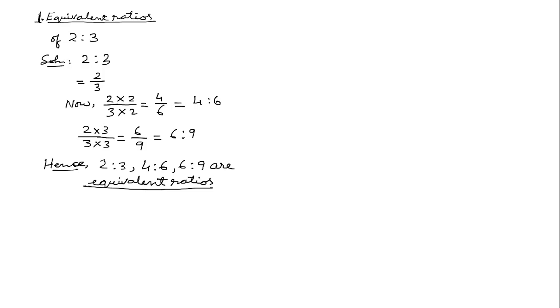That means by their HCF, or by their common factor. Okay, we may divide by their common factor, or we may divide by some other numbers which may be the HCF. So this way we find out equivalent fractions, and then those fractions can be converted back to ratios. So this was one thing.